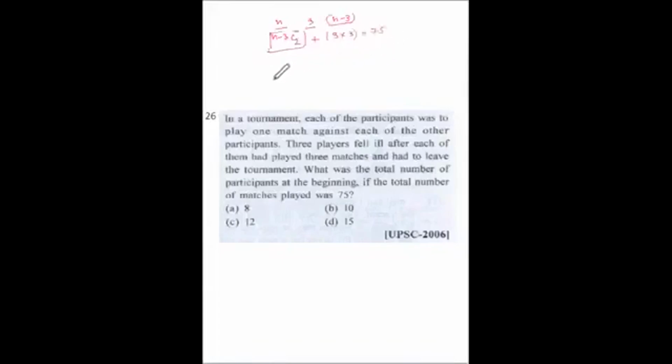So this will be factorial n minus 3 upon factorial 2 into factorial n minus 3 minus 2, plus 9 is equal to 75. So this gives factorial n minus 3 upon factorial 2, factorial n minus 5, and we can write here factorial n minus 3 as n minus 3 into n minus 4 into factorial n minus 5. So this will cancel out. Plus 9 is equal to 75.